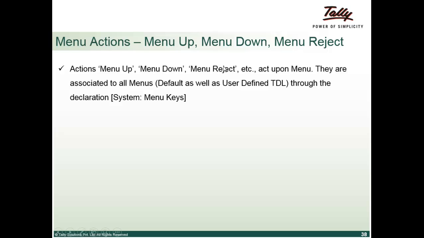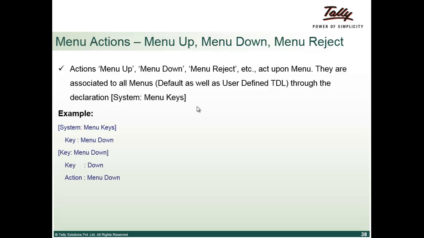So these actions are already specified in the keys, and those keys are already included in system is to menu keys. So by including keys to system is to menu keys, for all the menus, those keys will get associated.